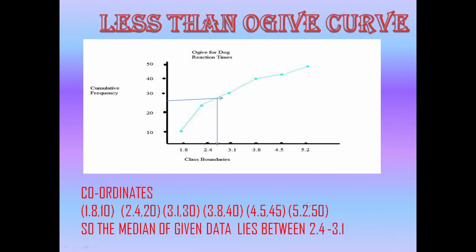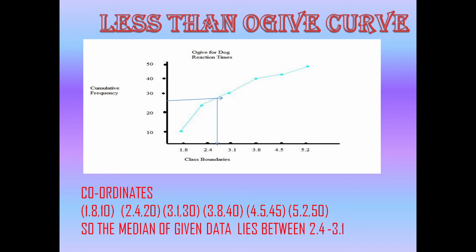See this less than cumulative frequency curve: we have to apply the boundaries on the x-axis and cumulative frequencies on the y-axis. An Ogee curve is nothing but a curve which joins the given plotted points in the graph by hand, with a smooth curve.